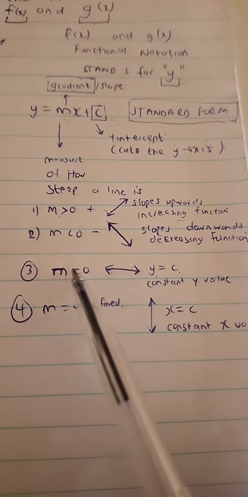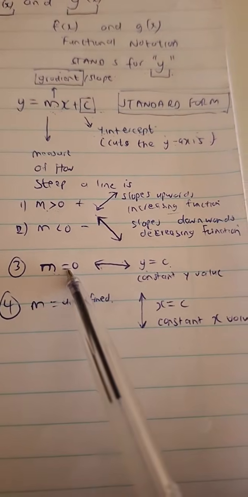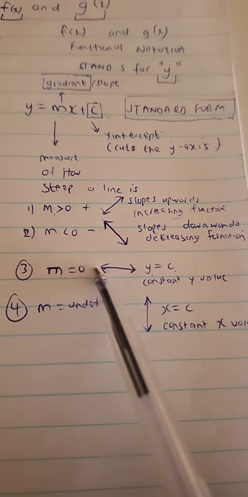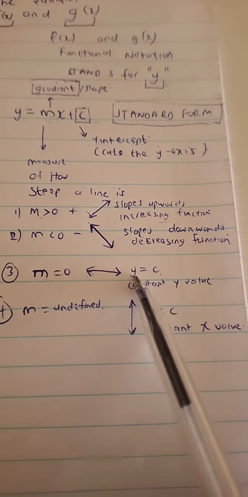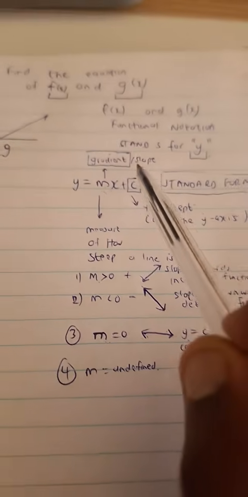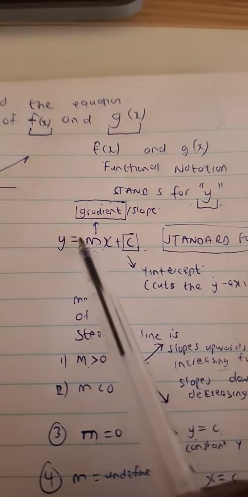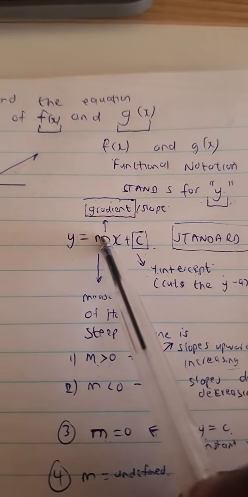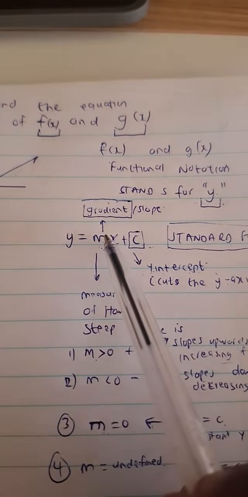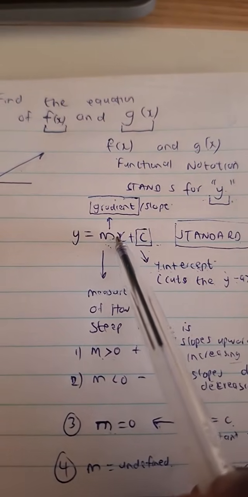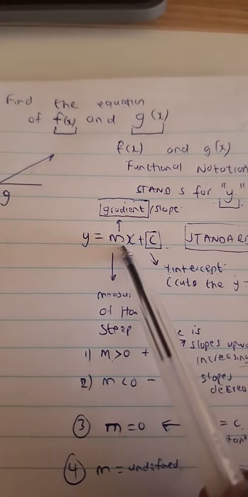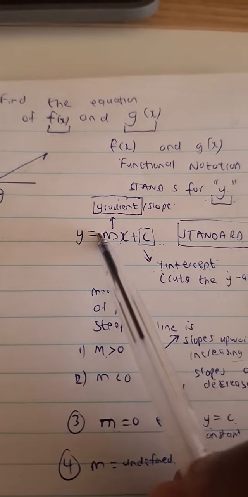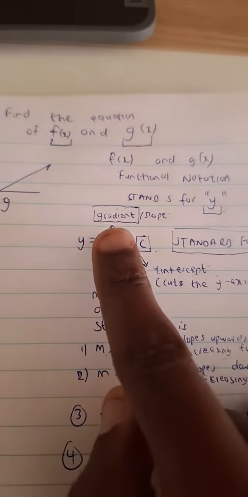So m is equal to 0 is a horizontal line. Y is equal to the c value directly, because if the gradient is 0, then that gradient, which is 0, is going to multiply with the x, and it's going to eliminate this part of the equation.